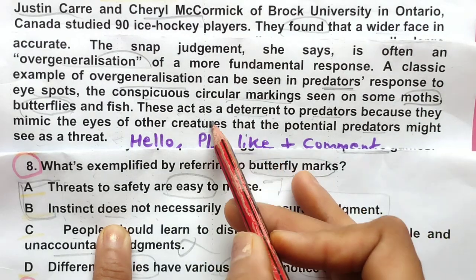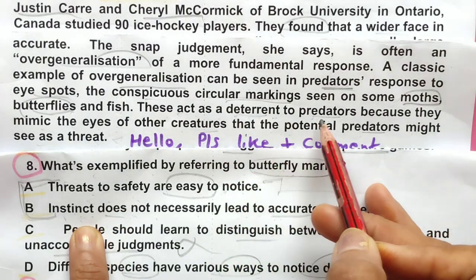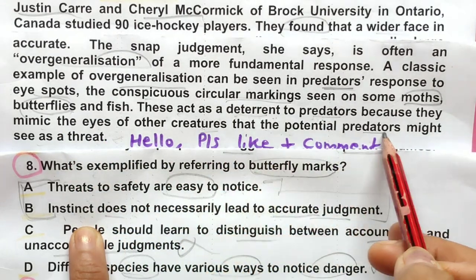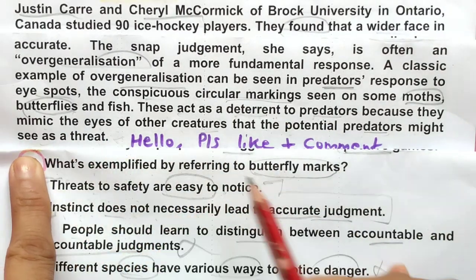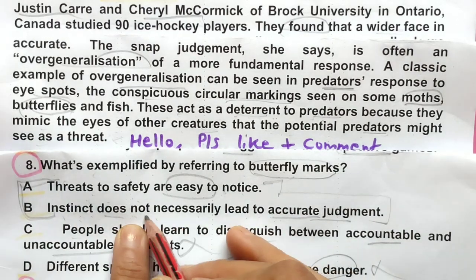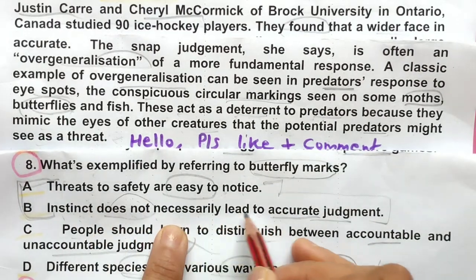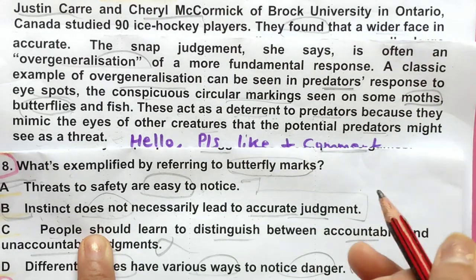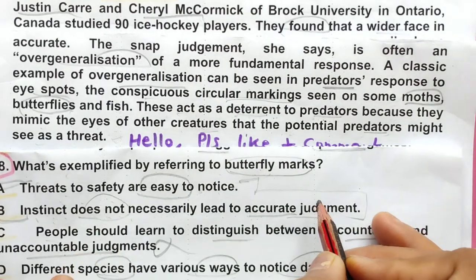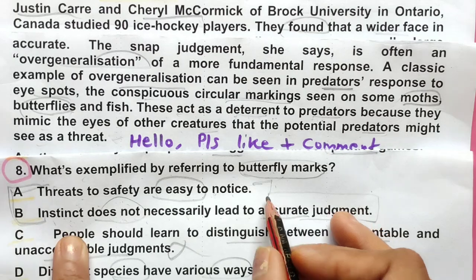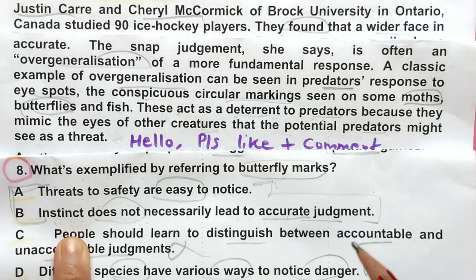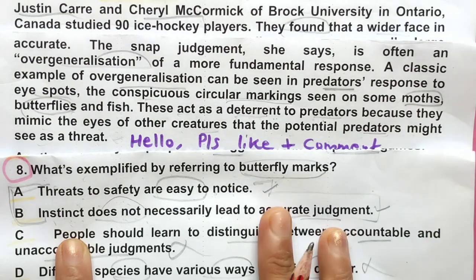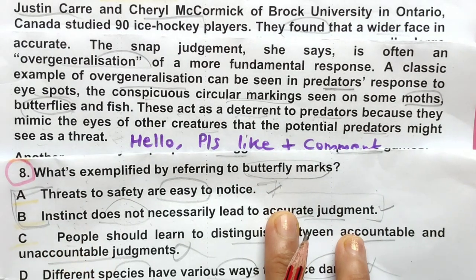So not necessarily, does not necessarily lead to accurate judgment, is indirectly given. You can select it and tell me the answer, because I am confused in this. I don't know which will come, this or this, but I will write the answer in the description box.